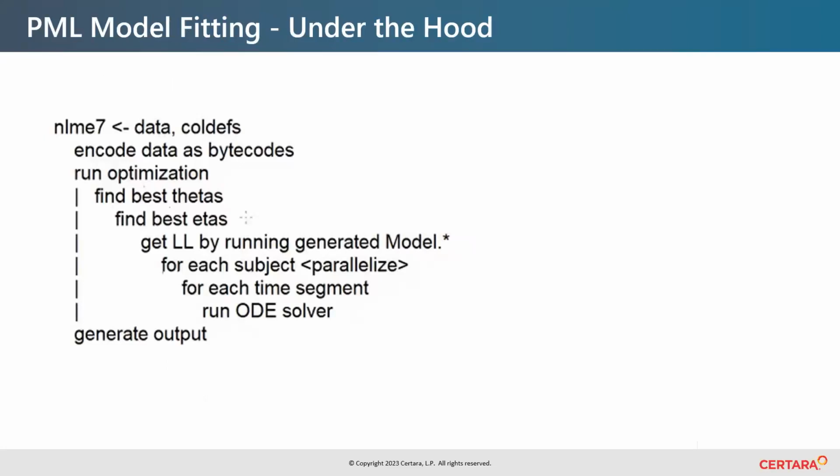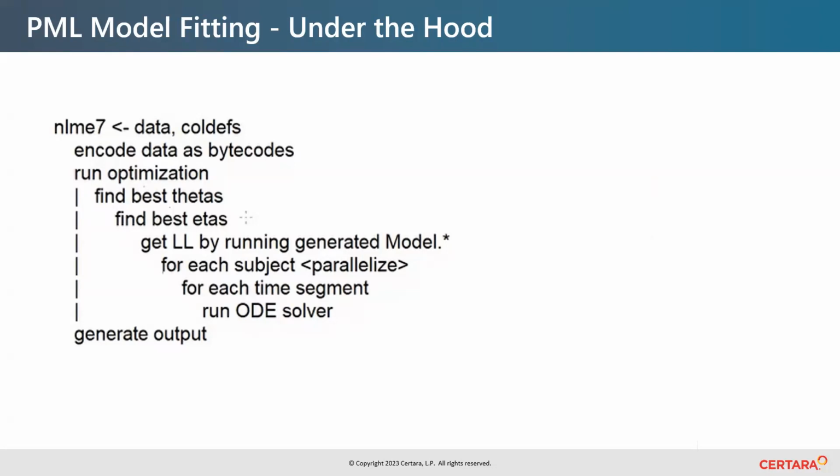This shows what happens during a model fitting. NLME 7 is the nonlinear mixed effect program. The reason it's 7 is that there was a 6, and before that there was a 5, and that's just the version. There may be an 8 now, I don't know. But in any case, it receives the actual data that you're trying to produce the model of, and a set of column definitions.